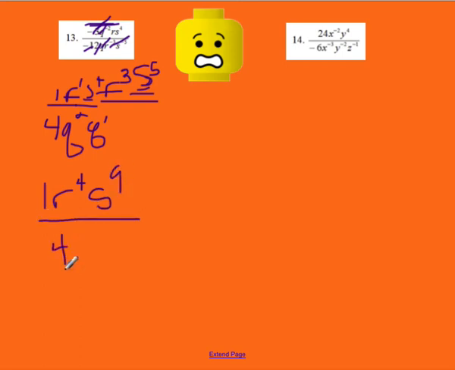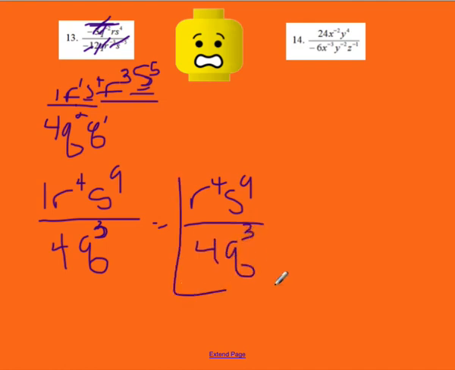Divided by 4, and then q squared times q to the first, add those exponents and you get q to the third. Okay, and if you wanted to, you don't have to write that 1. I just put it there because we reduced our fraction, but if you don't want to write that 1 there, you don't have to. So that is your fully simplified monomial. So I want you guys to go ahead and try number 14 on your own.